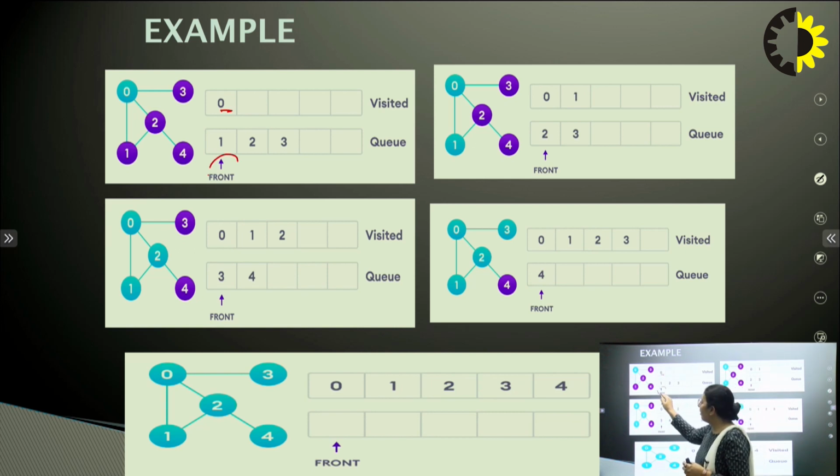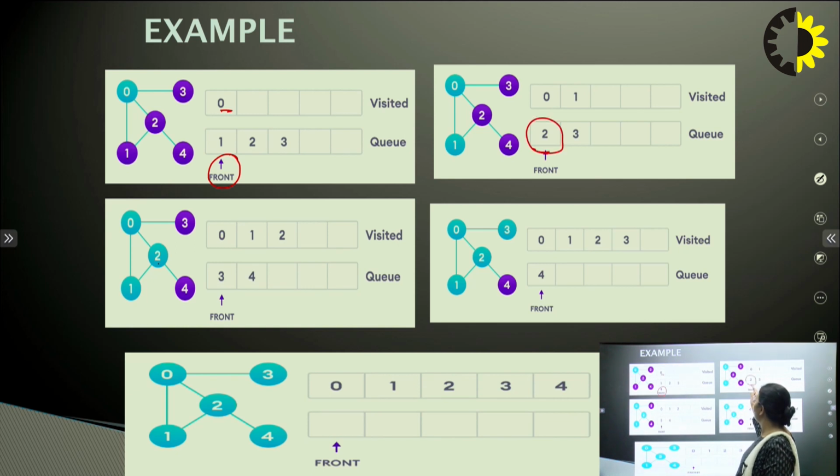Now we have 1 in the front, so we have to explore 1. From 1 we can go to 2 and 3. 1 we have already visited and 2 is already there, so 1 comes under the visited nodes. In the same way, when we reach 2, because the next node is 2, then 2 comes under the visited nodes.